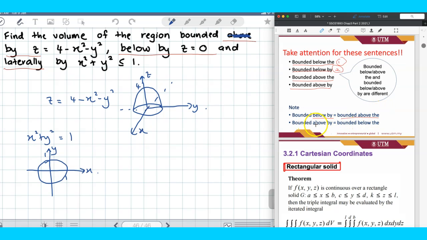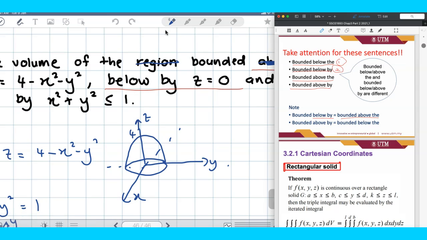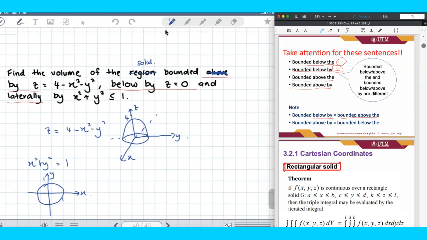Or if you have bounded above by the line y equal to x, it is similar in meaning to bounded below the line y equal to x. But in this case, maybe the word region is not suitable here. Maybe we can say a solid, because we have a solid, not a region, right?